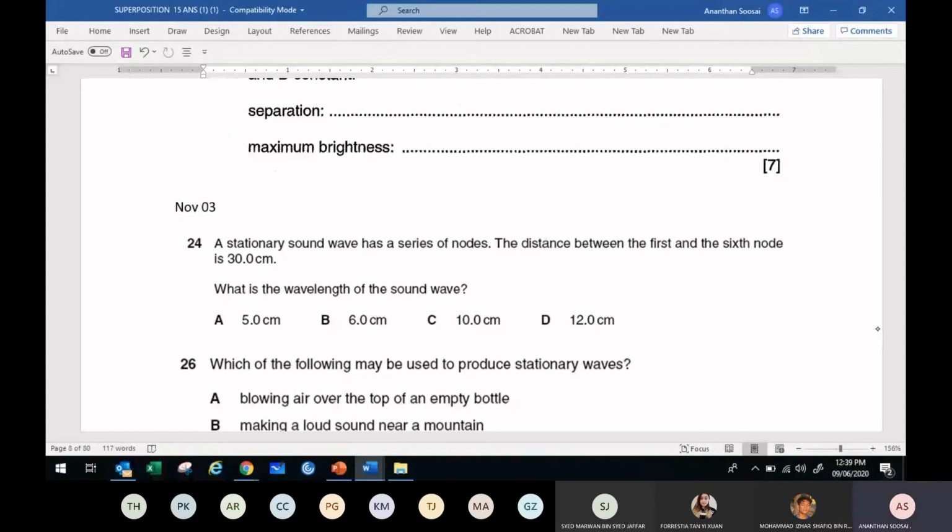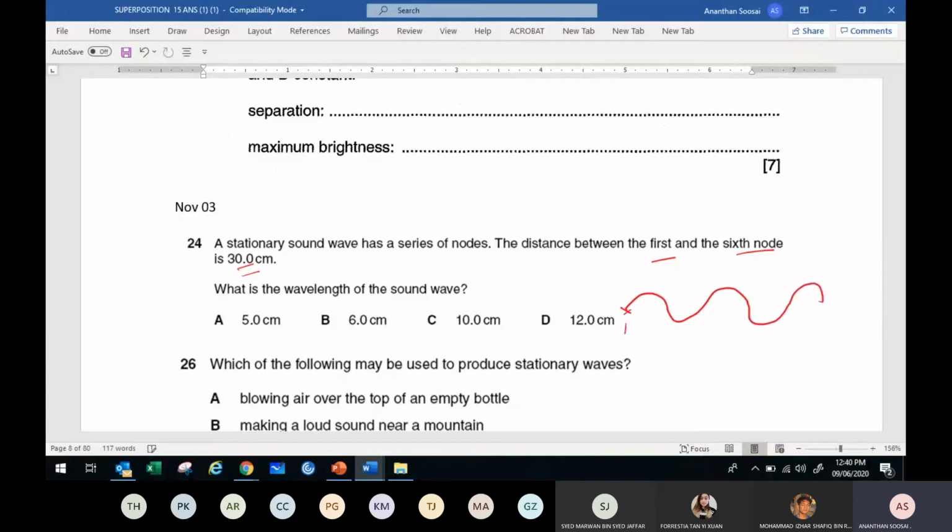A stationary wave sound has a series of nodes. The distance between the first and sixth node is 30 centimeter apart. What is the wavelength of the sound wave? We better draw the diagram. So first, second, third, fourth, fifth, sixth.